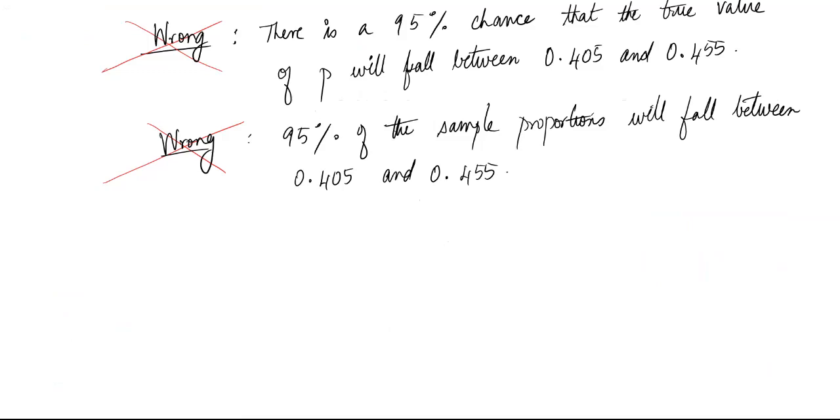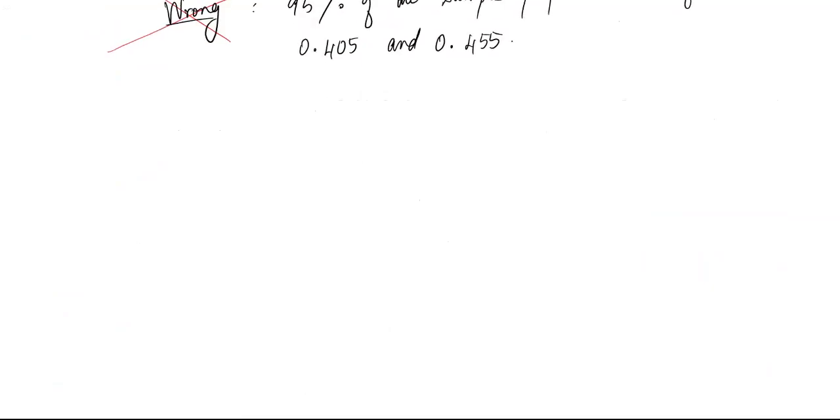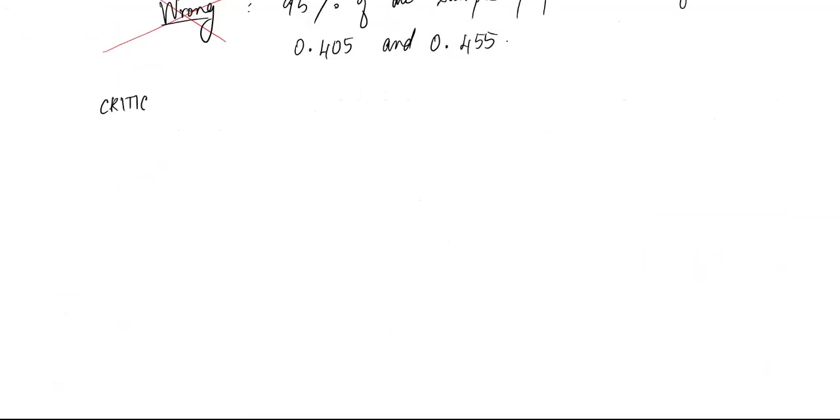So then how do we measure this? Well, there are other things we have to consider. We have something called the critical value. As the name says, the critical value is critical because it's on the borderline.